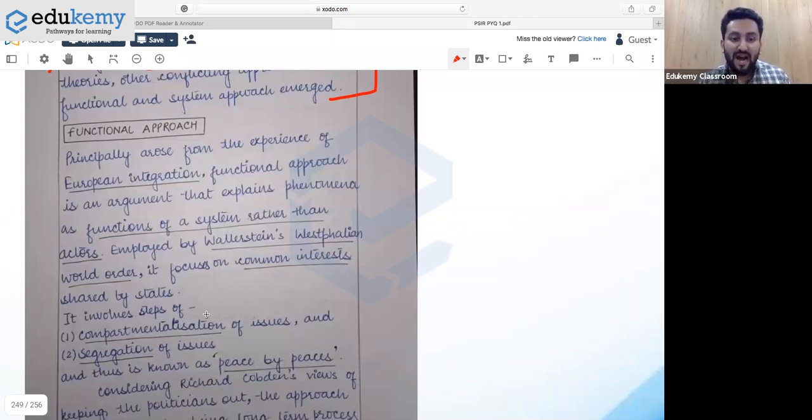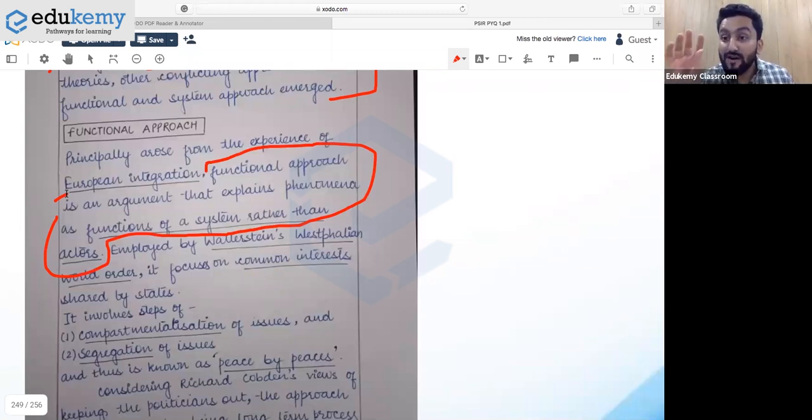Functional approach is an argument that explains phenomena as functions of a system rather than actors. And this is the key highlight explaining what is actually functional approach. It means whenever you analyze international relations, just compare on the functions, not the actors.